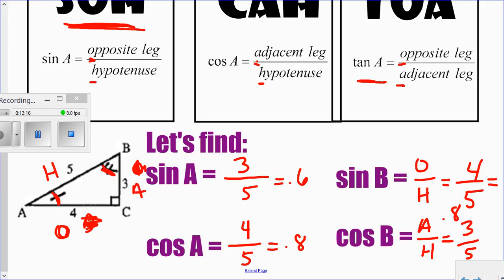So the cosine of B is 3/5, or 6/10, which again, notice is the same as the sine of A. And that's how we use our trig ratios. So that's how we set up the trig ratios. In the next lesson, I will show you how we use those trig ratios to help us find side lengths of a triangle.